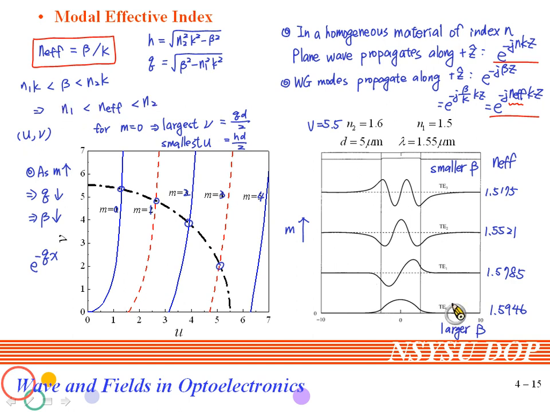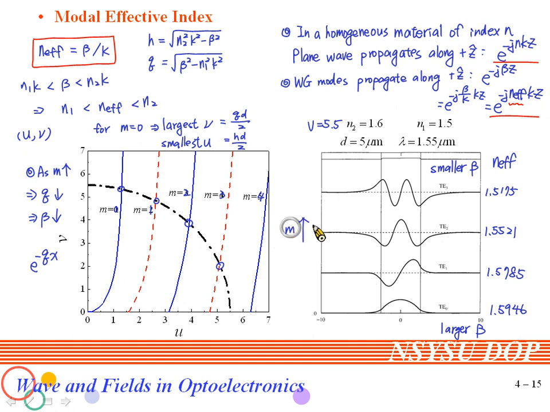For the M0 mode, you can see the field is well concentrated in the core region, so the M0 mode will experience most of the core material, but a little bit of cladding material. As a result, it will have higher effective index.